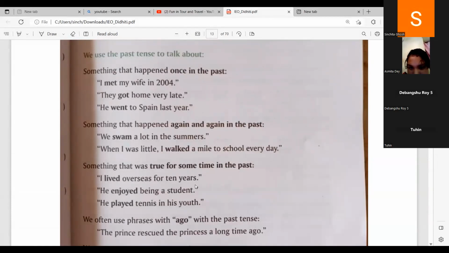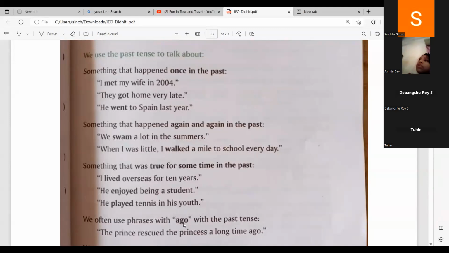For some time in the past, it was true. For 10 years, I lived overseas. He enjoyed being a student. So what did he enjoy? He enjoyed being a student. He played tennis in his youth. What did he play? He played tennis in his youth.